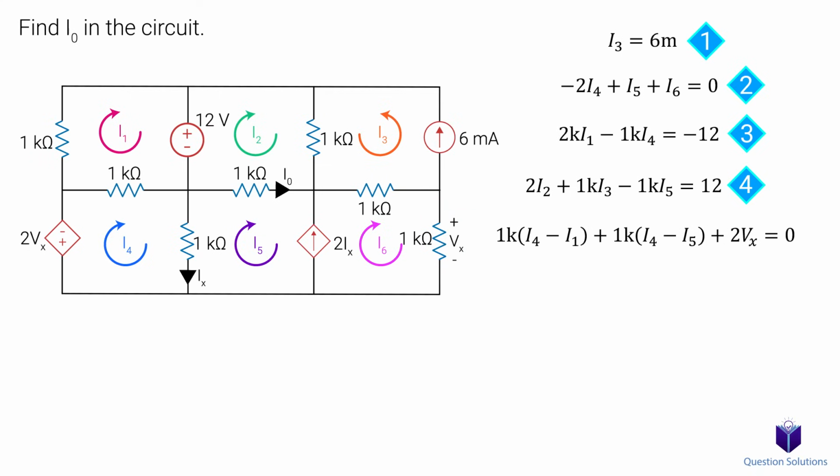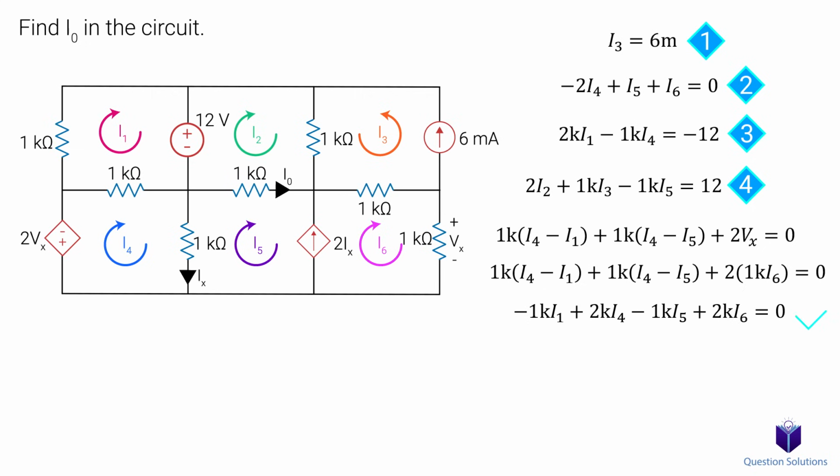So we need to express Vx in terms of current and resistance. The current that's flowing through this resistor is I6, and it has a value of 1 kilo ohm. So Vx is equal to 1K times I6. Let's replace the Vx in the equation. Now we can simplify. That's our fifth equation.